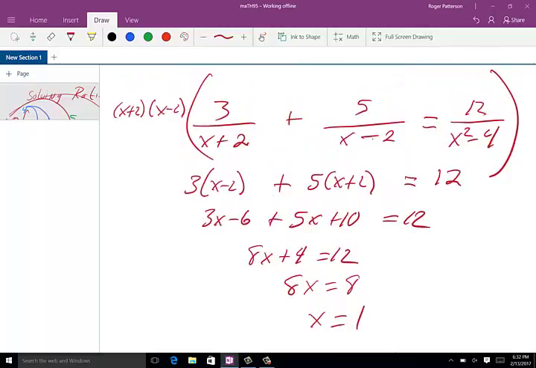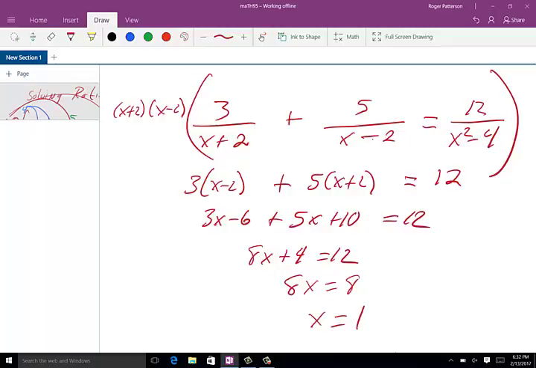So y equals, I'm going to put in the left side of it, so I'm going to go 3 divided by x plus 2, plus 5 divided by x minus 2. So that's the funky graph I get right there.